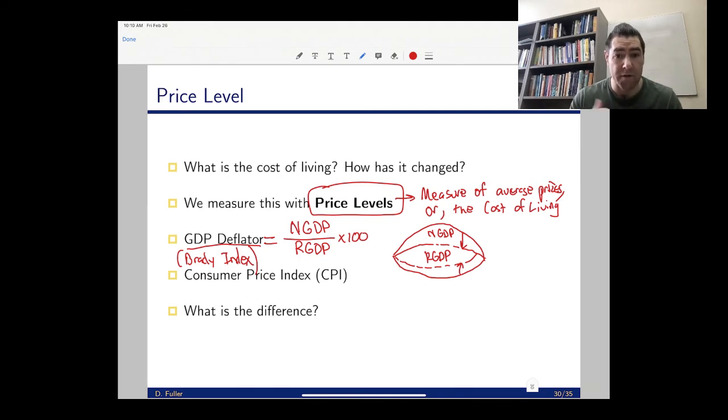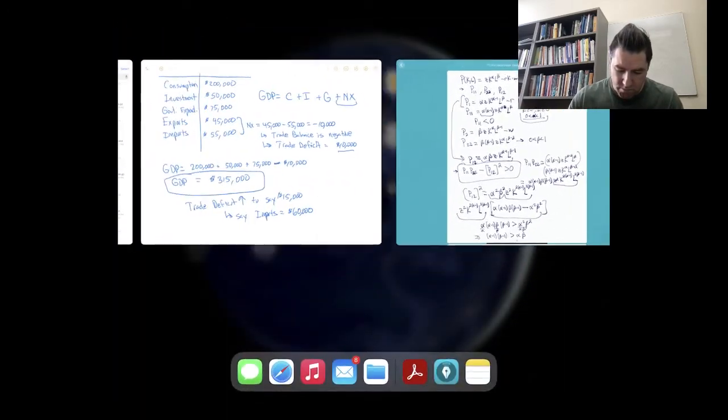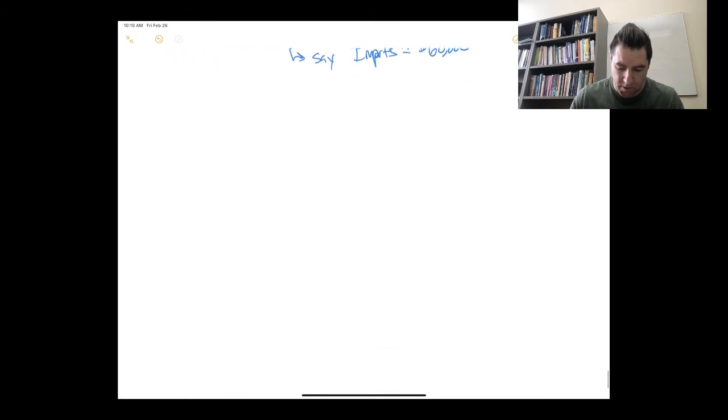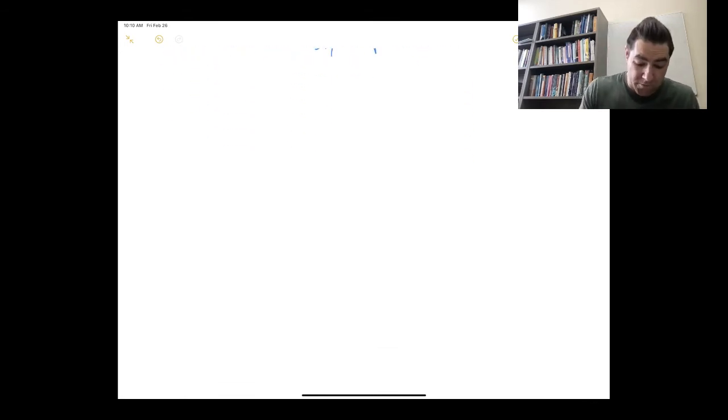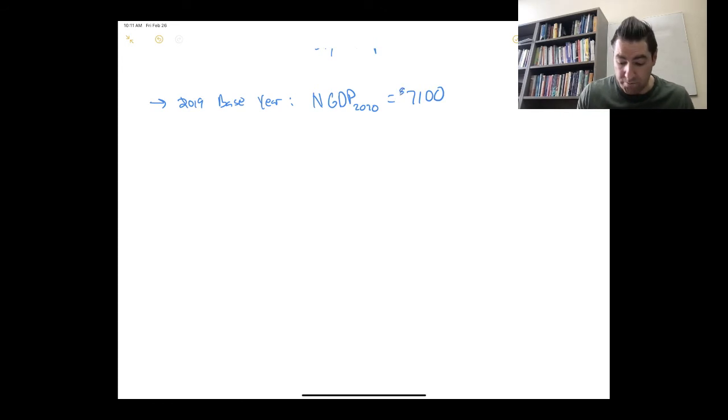So let's do an example here. We have some of our numbers from before. Let's take our previous example where we had the T-shirts, the Red Bull, etc. In that example, when 2019 was the base year, nominal GDP in 2020 was $7,100.